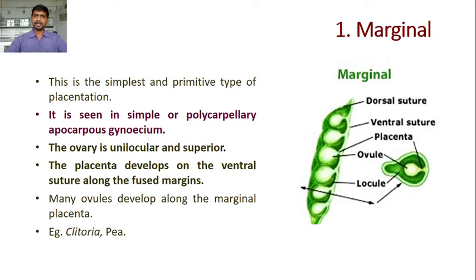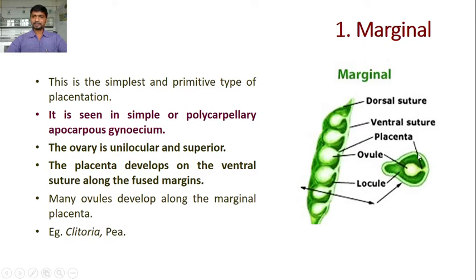For example, pea, clitoria or all types of beans, where such type of placentation is seen, it is known as marginal placentation. Why is it called marginal? Because the placenta has developed on the margin of the ventral suture. This ventral suture has been formed by the fusion of the margins and on it the placenta has developed. So such type of placentation is the marginal placentation.